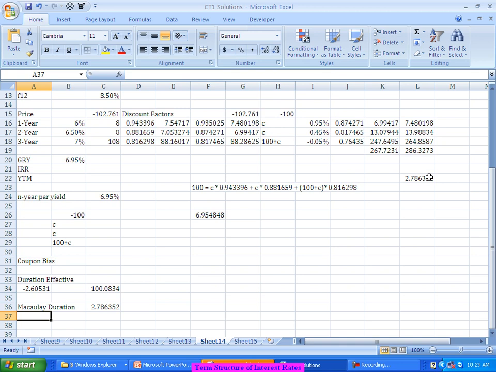How do I link these two things? The effective duration is 2.6, whereas the Macaulay duration is 2.78.